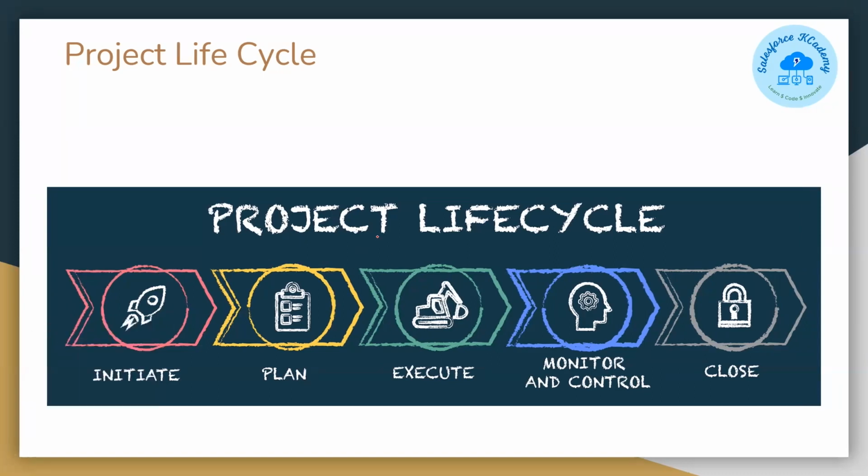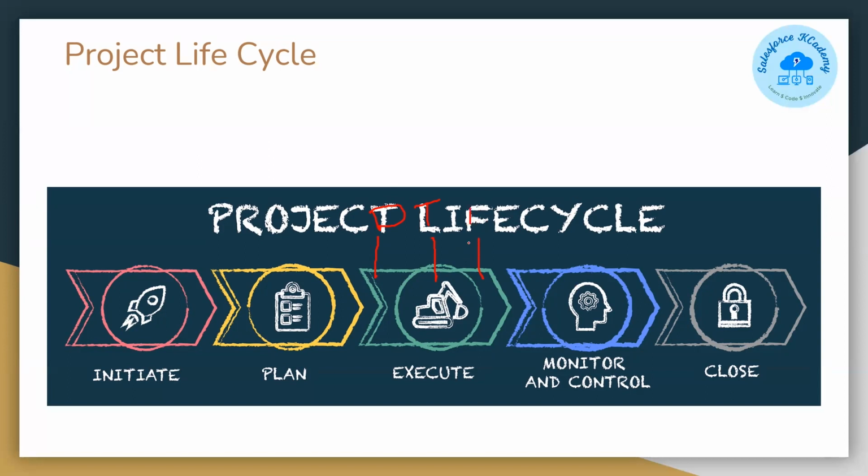In the execute part of the life cycle, there are three phases. They are one, development, then testing. Once testing is done, we have to deploy it. I mean, you can't keep the code which you have developed to yourself. You have to deploy the code into the servers. Then there you have to run your code.